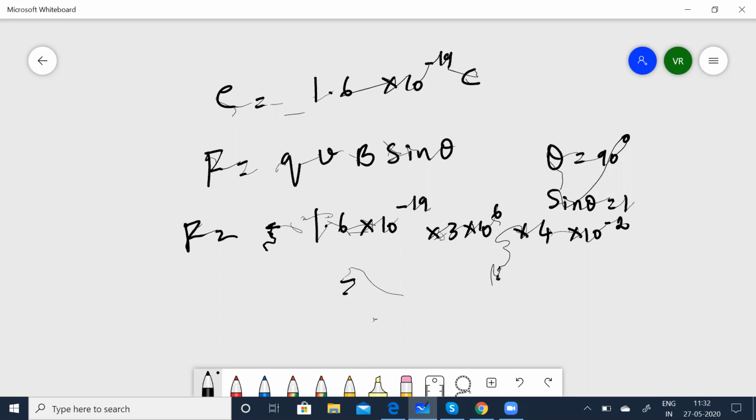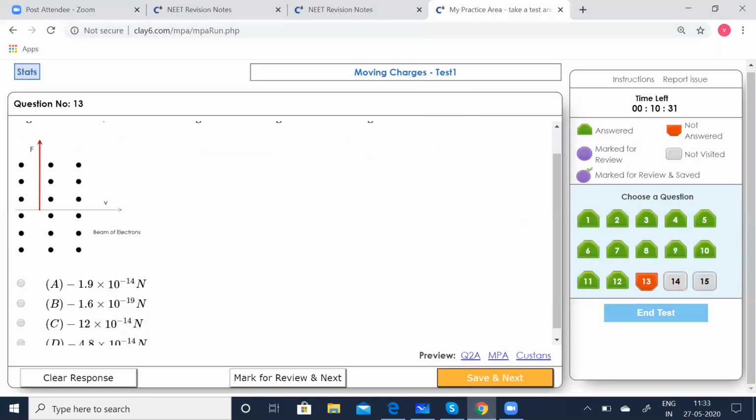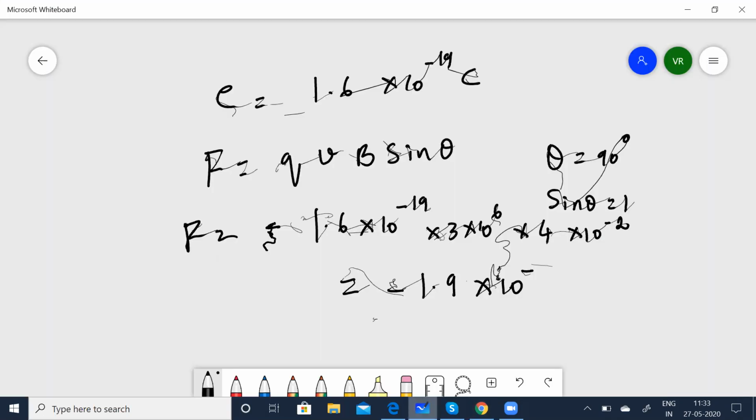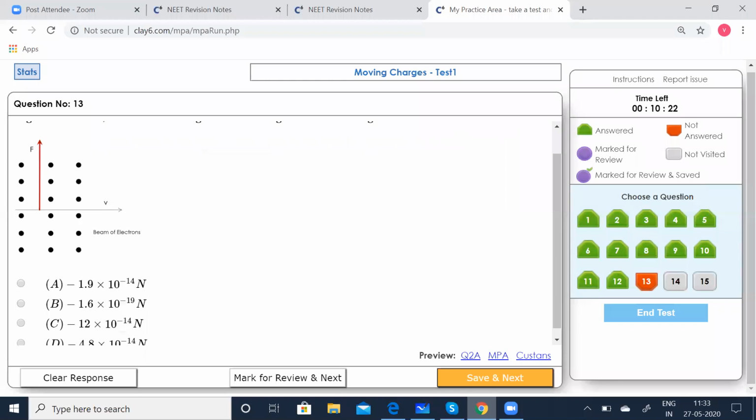So that works out to be minus 1.9 into 10 to the power of minus 14, let's see which option is correct. Yeah, 10 to the power of minus 14. So you can see that the force is in newtons, 1.9 into 10 to the power of minus 14. So option A is correct. Click that. Go to the 14th one.